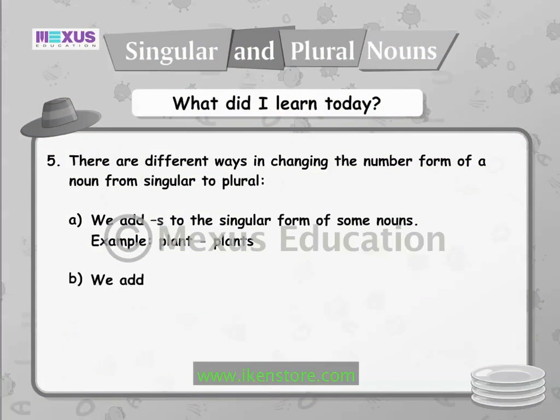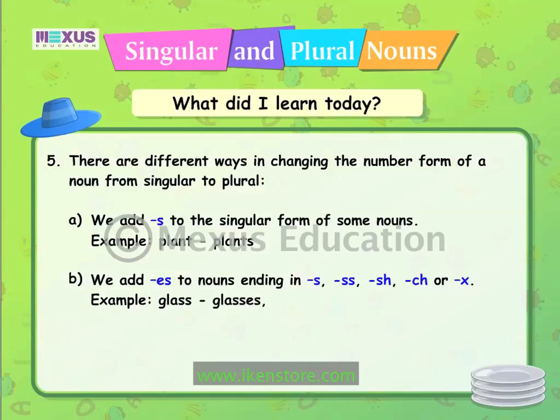We add es to nouns ending in s, ss, sh, ch, or x. For example, glass and glasses, box and boxes.